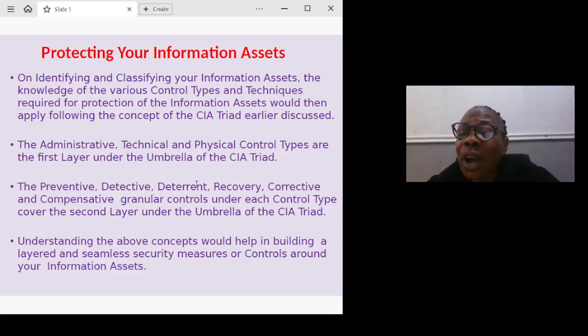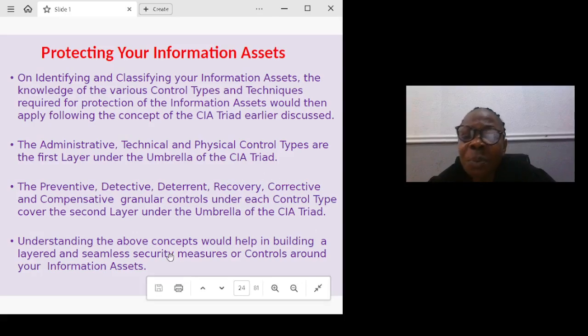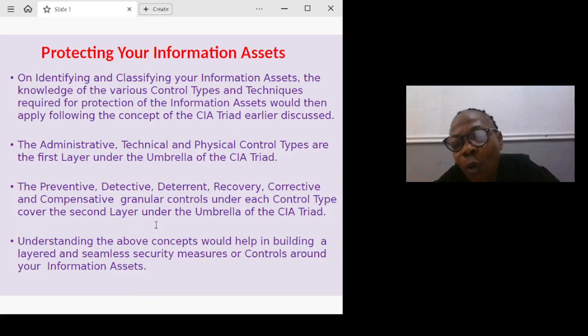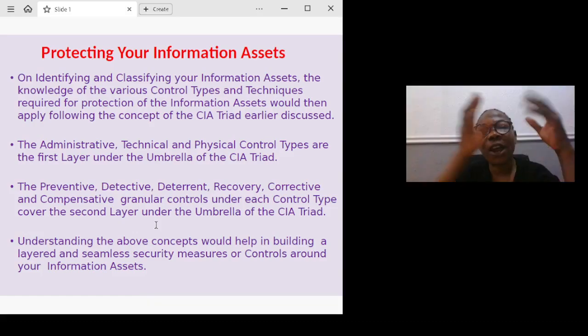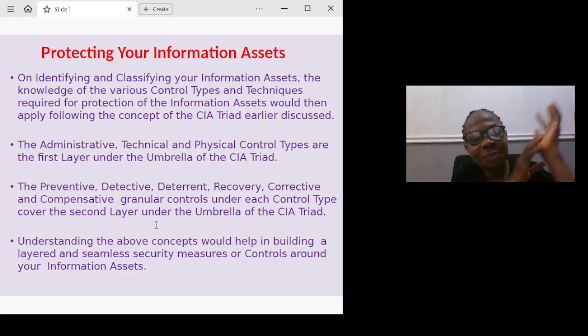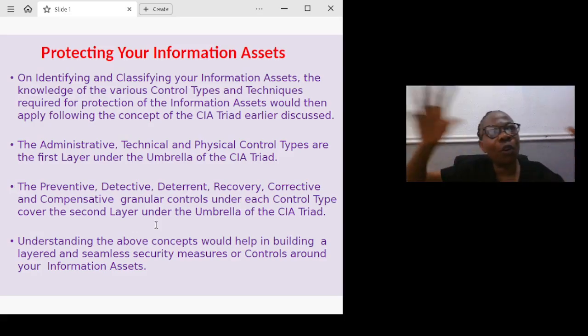So you have to look at it critically, and then my assignment to all the people I mentor at this level now is to go back home and categorize your information access, identify them, classify them, and try to group them into three: administrative, technical, physical.